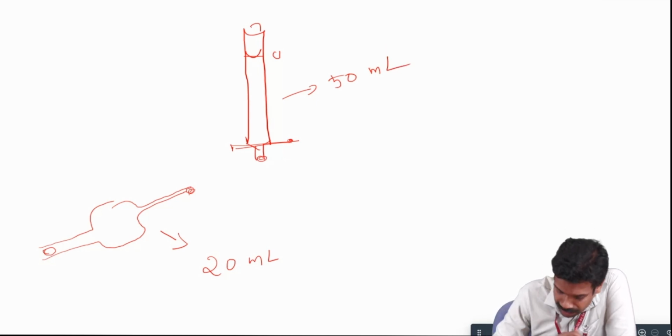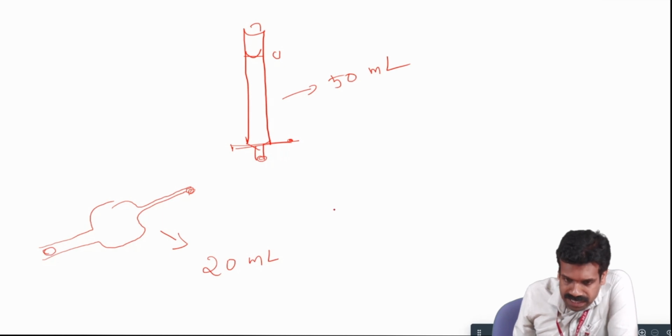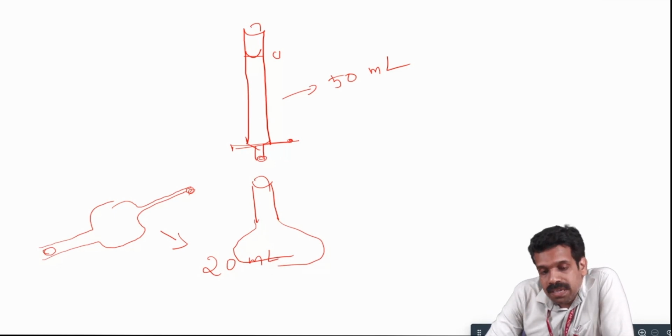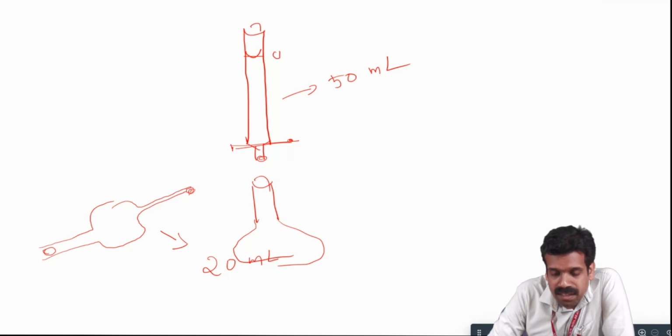Then, in addition, when performing the titration, you also require another apparatus, that is the conical flask. I am just going to draw a conical flask over here. Is it sufficient? Yes. For the time being, these three apparatus are the minimal requirements for doing the titration.